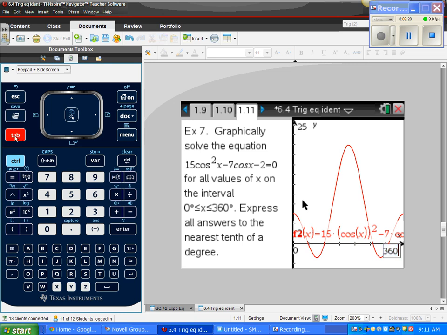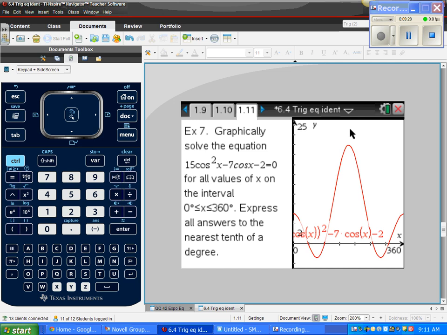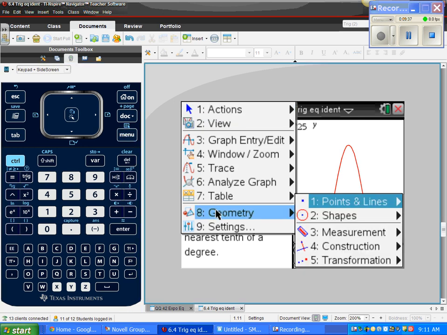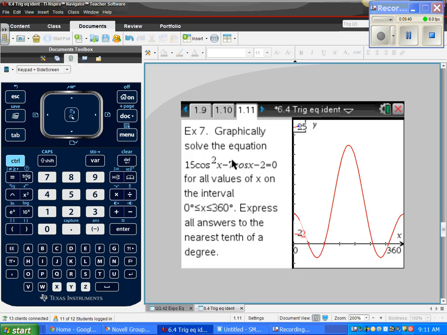Just keep hitting tab. Okay, so now that I have a nice pretty picture, I want to find those zeros, those solutions. Menu, geometry, points and lines, point on.